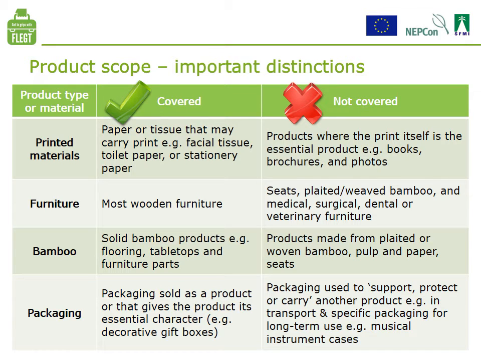A person buying a book to read is buying it for the printed words, and not for the paper itself. Some other products may contain printing but are covered by the regulation, such as facial tissue, toilet paper, and stationery paper. These may contain some form of printing, but the essential product is the paper or cardboard.